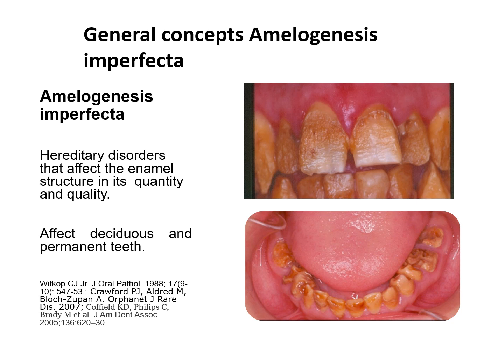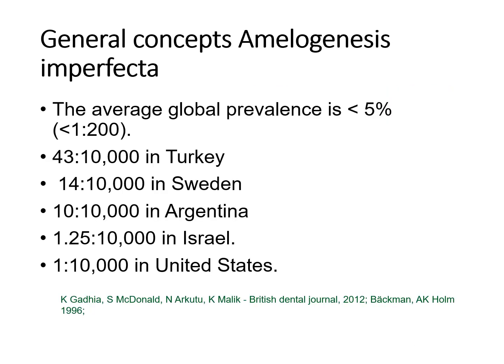It affects both deciduous and permanent teeth, with permanent teeth suffering the most. Its prevalence varies between populations, with the average global prevalence of 5%, being the highest in Turkey and the lowest in the United States.